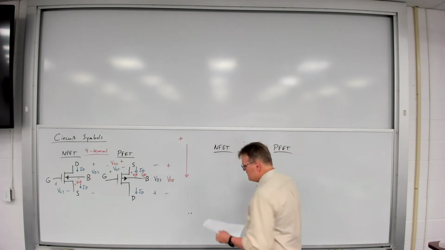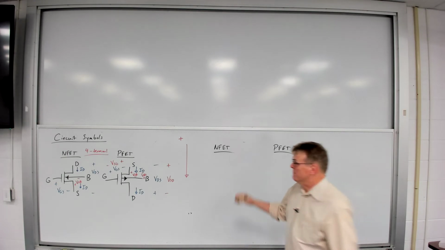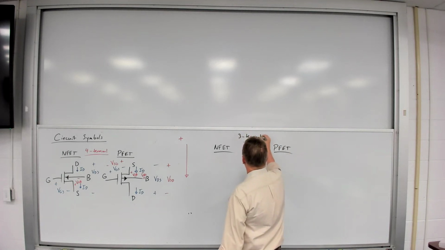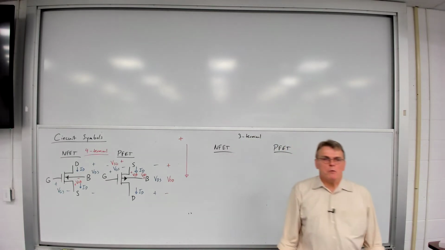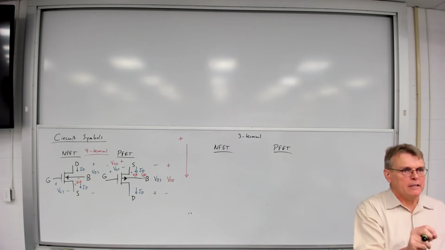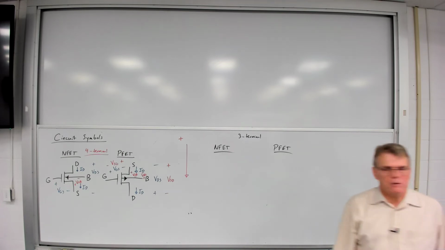In this case, this is the three-terminal symbol. The three-terminal symbol assumes that the source and the bulk are connected together, so VSB is equal to 0.